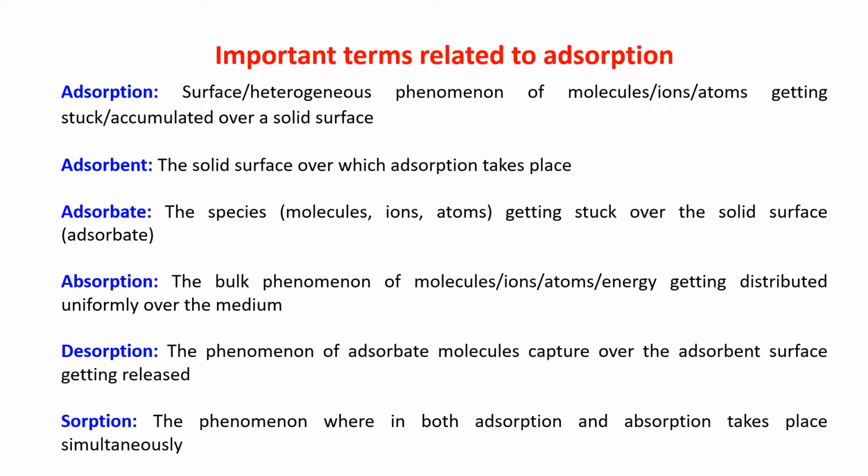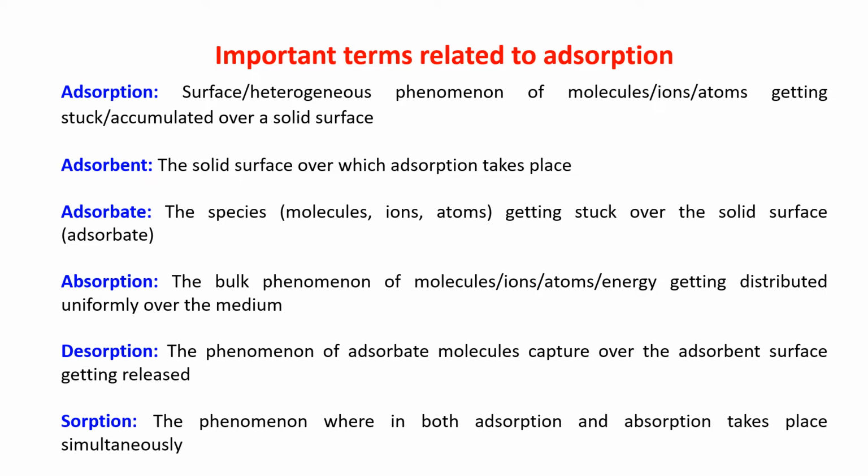Next is adsorbent. As you all know, it is the solid surface over which adsorption takes place. Next is adsorbate. The species, that is molecules or ions or atoms getting stuck over the solid surface, is known as the adsorbate.